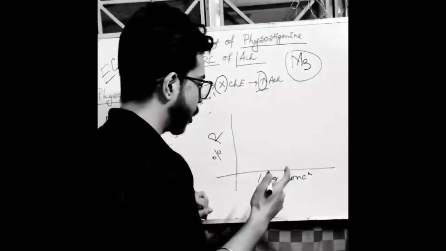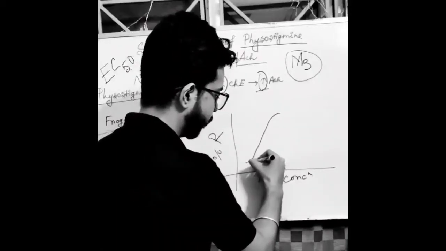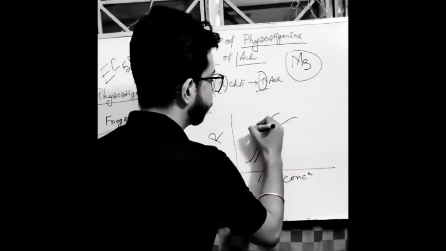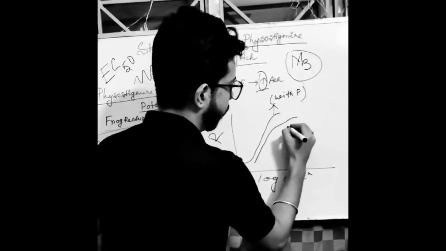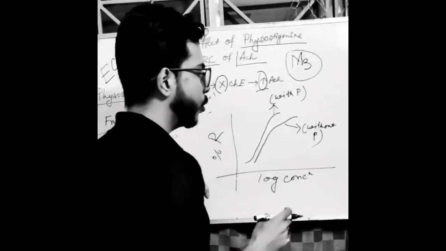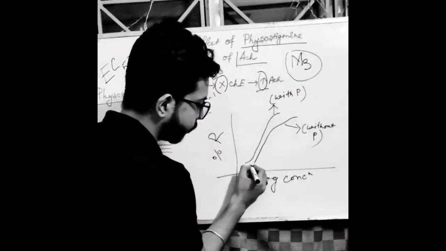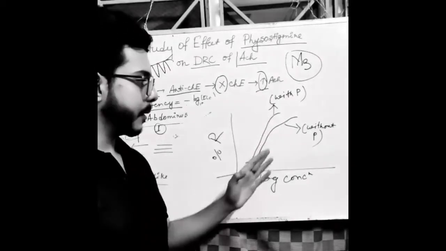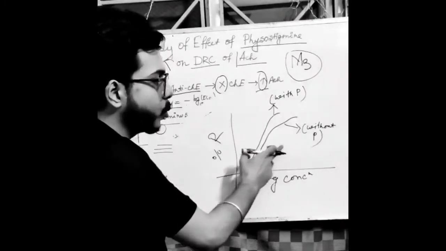So the kind of graph is going to be like this. This is with P, this is without P. P means physostigmine. What you are going to see, whenever you plot the graph in the case of with physostigmine, is that it will shift slightly towards the left side from without physostigmine.